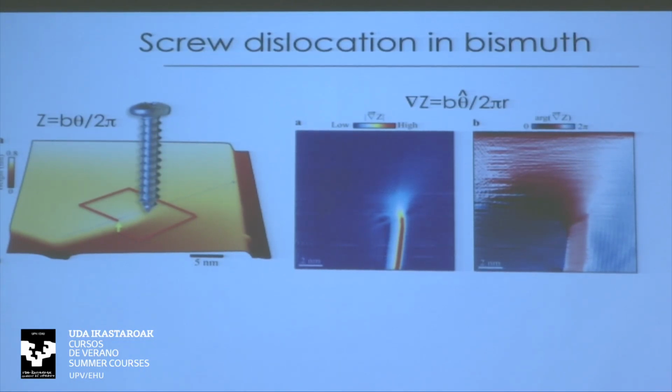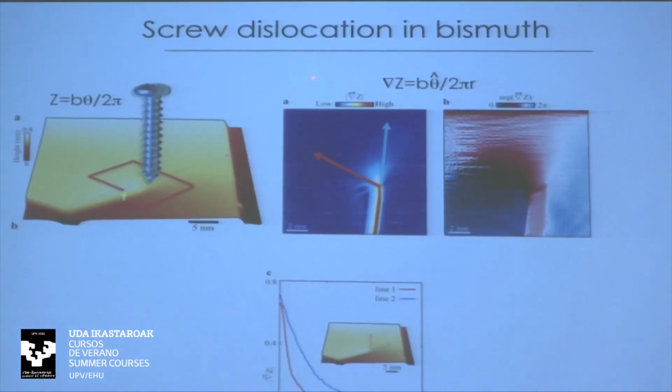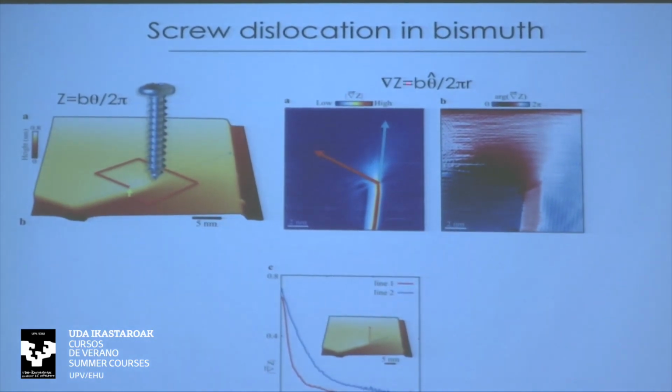So it's a huge strain that the screw dislocation induces, and it's anisotropic. If we look at the cuts of this quantity along two different directions, you see that the strain doesn't radially relax at the same rate, which was a bit peculiar.